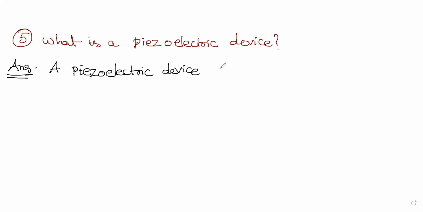There are two axes: one is called the mechanical axis, another is called the electrical axis. Once you apply some force on the mechanical axis, you will get some electricity on the electrical axis. This is what is called a piezo crystal, or a piezo sensor.